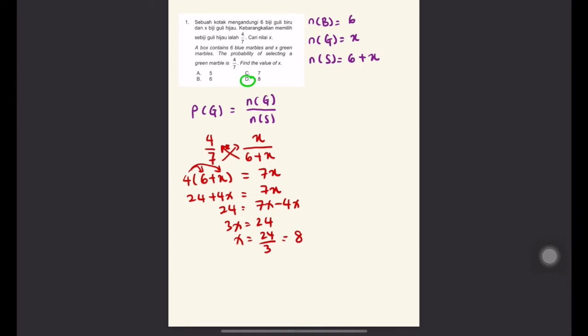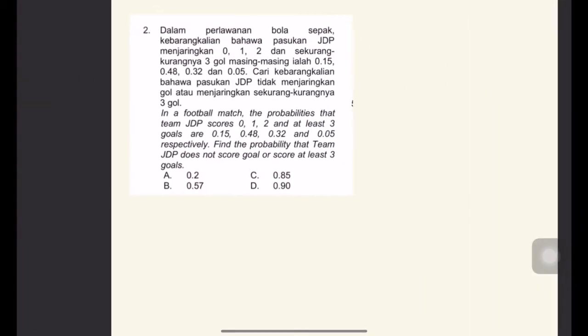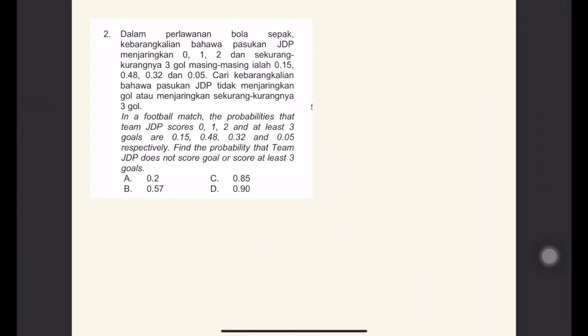Next, proceed to number 2. In a football match, the probabilities that team JDP scores 0, 1, 2 and at least 3 goals are 0.15, 0.48, 0.32 and 0.05 respectively.